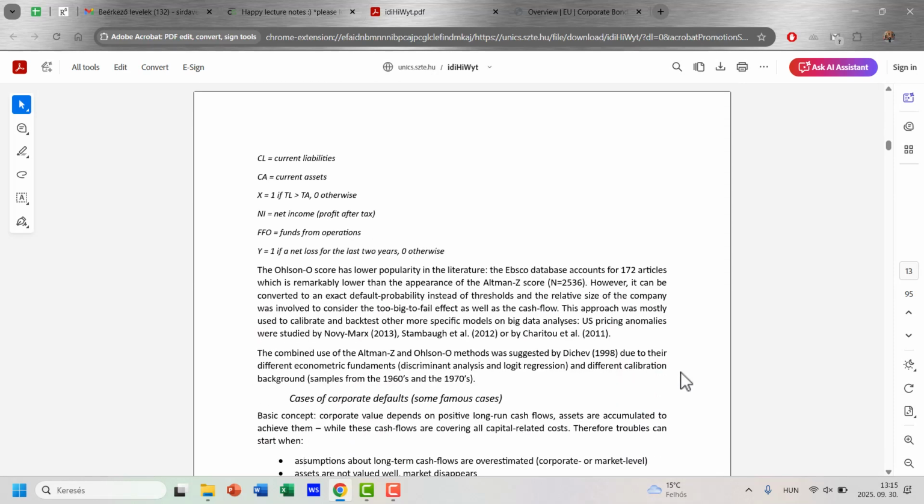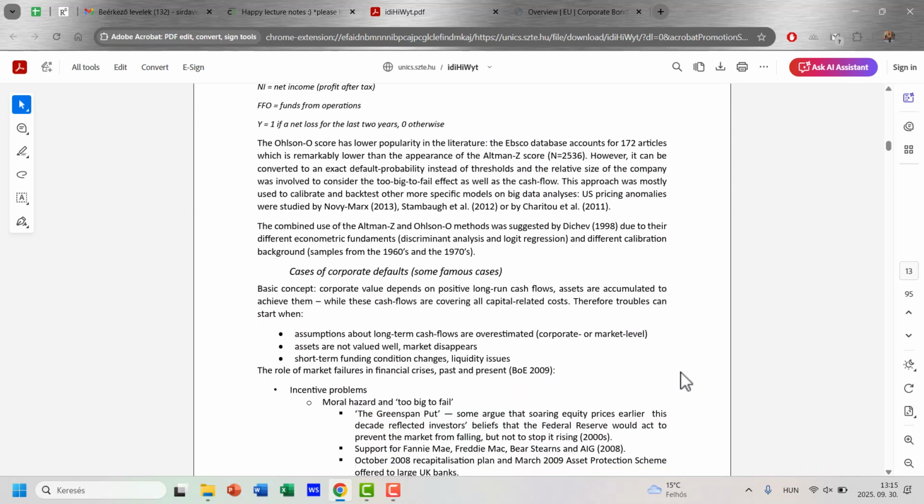And nowadays people prefer to use neural networks. Just the problem with neural network is that it can have an overfitting issue. So you are training it on one sample to provide the probability of default for a set of companies, but on one hand, it's not transparent.